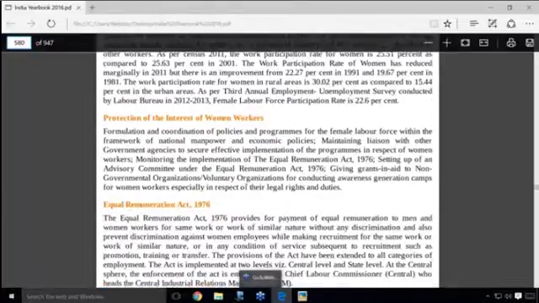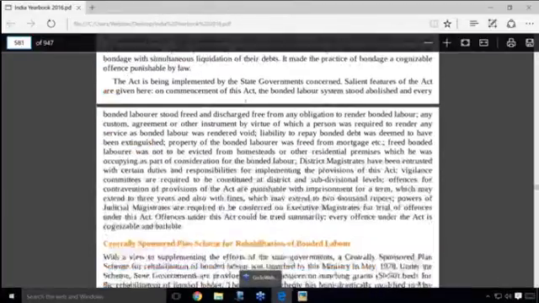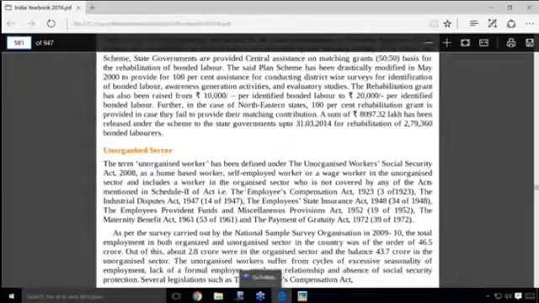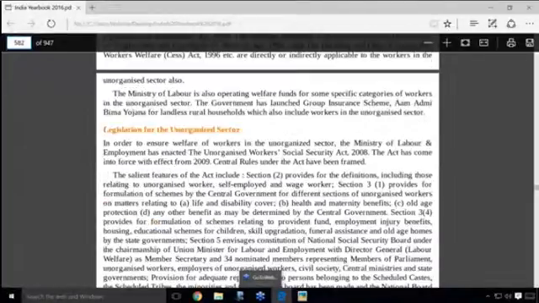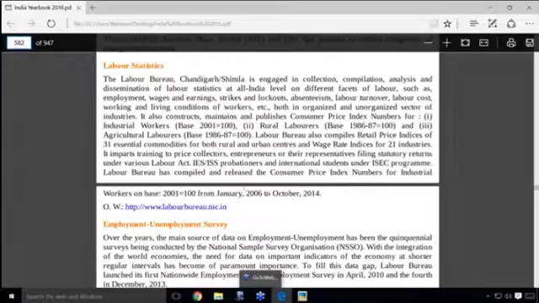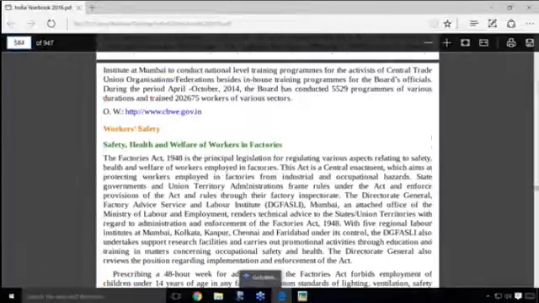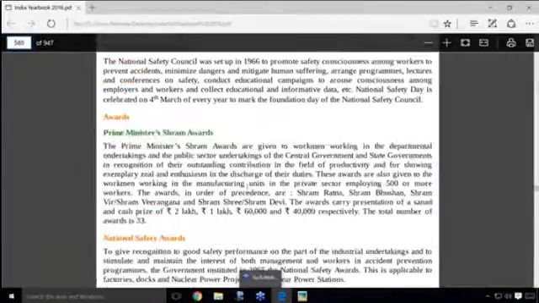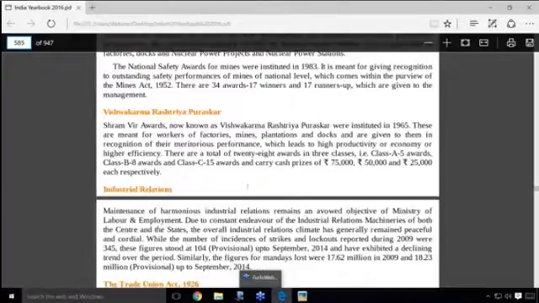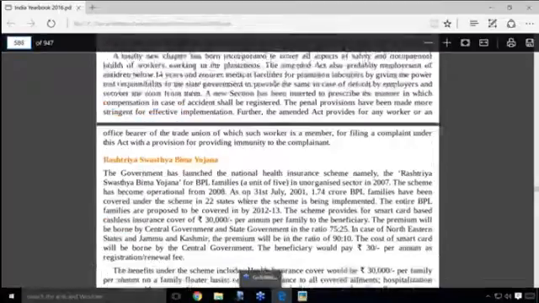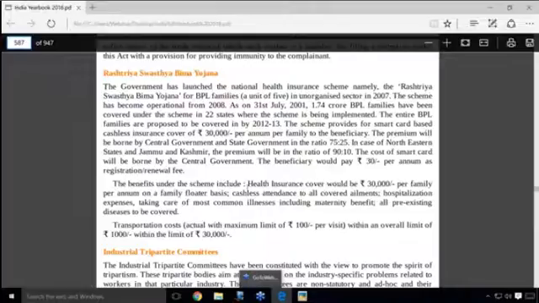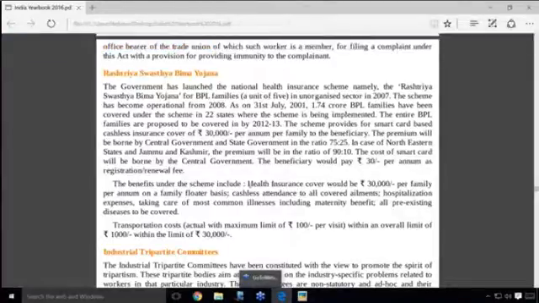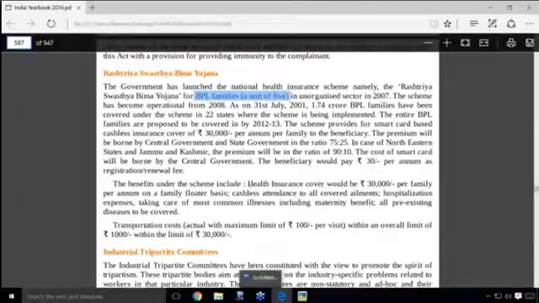Then please open page number 648. We are talking about Rashtriya Swasthya Bima Yojana, an insurance scheme for BPL families of unit of 5 in the unorganized sector.